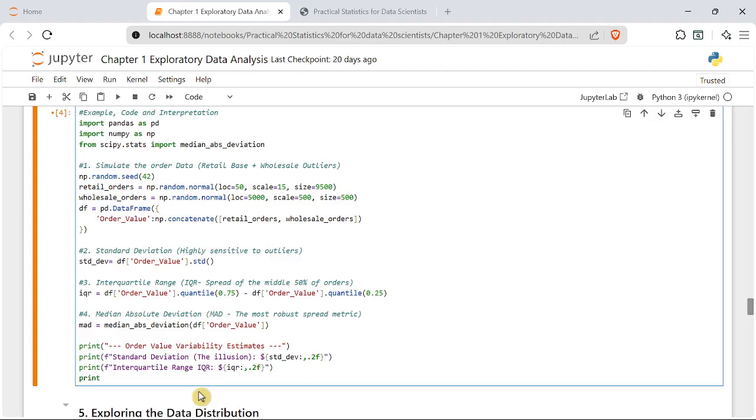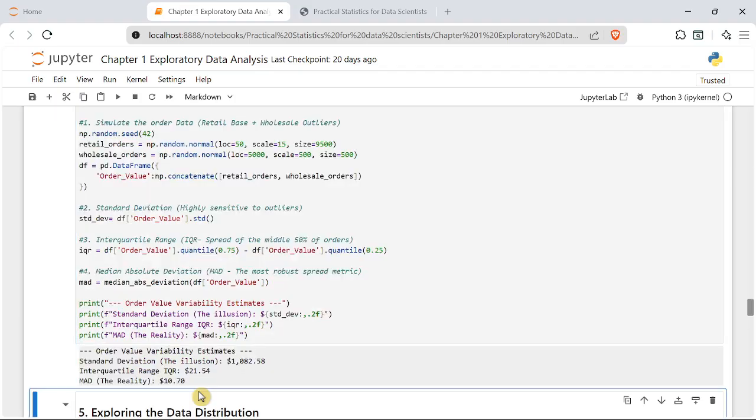Print f median absolute deviation, the reality, as dollar MAD, dot 2f. Okay, when we run the code, yeah, it's fine.